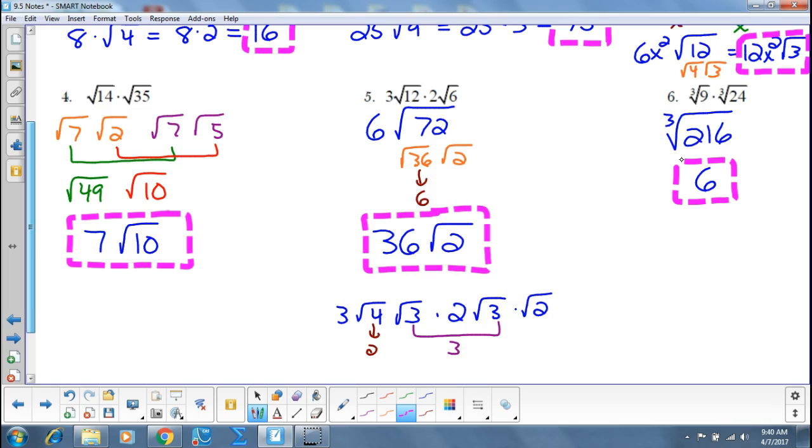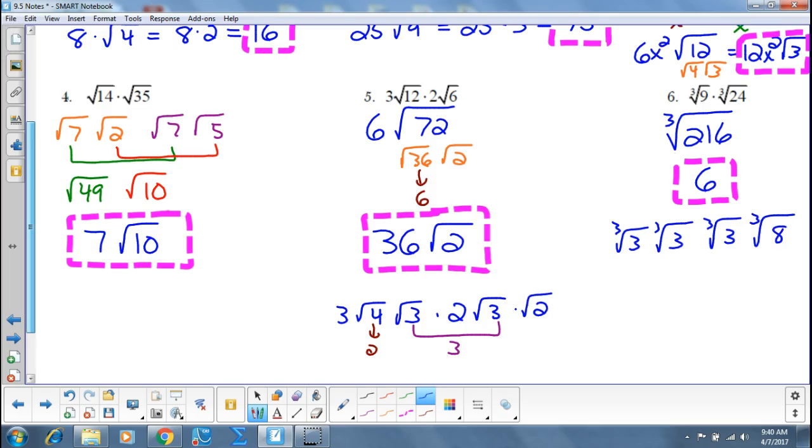The smaller way? Okay. So with cube roots, it's kind of hard. So I would go cube root here of 3. Cube root of 3, right? And then 24 is the cube root of 3 times the cube root of 8, right? Now, because it's cube root, I'm not looking for 2 of them.